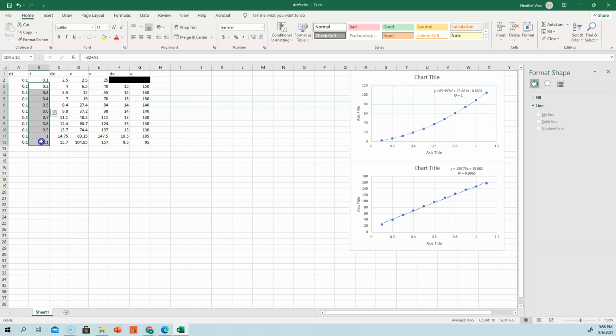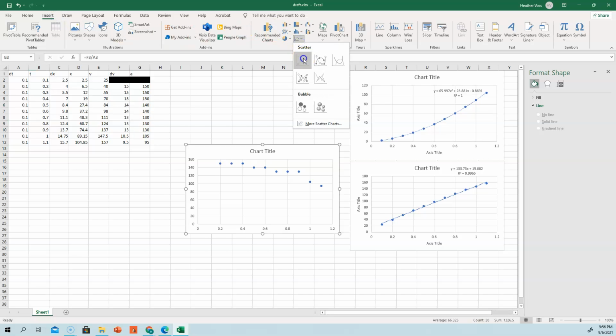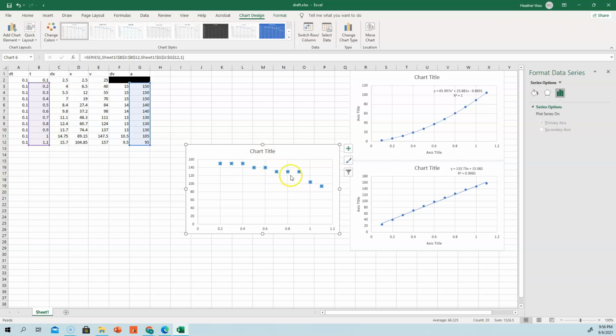So we're going to go here and here. There we go. Now you'll notice that it does show that slowing down, but it is somewhat linear up here at the very top.